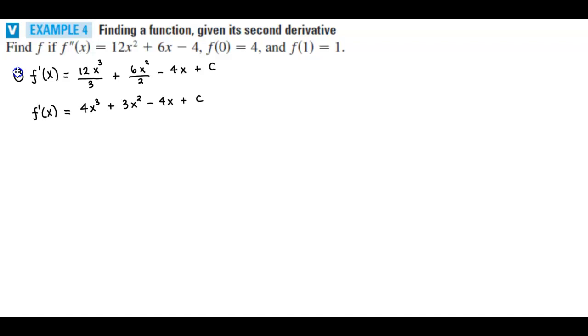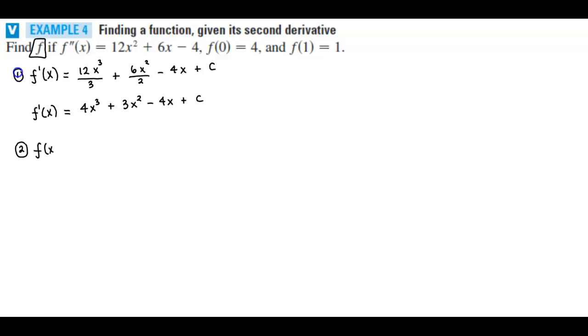Okay, and so now we want to find the antiderivative of f prime of x. We want to call it lowercase f since that's what it's asking us to find.